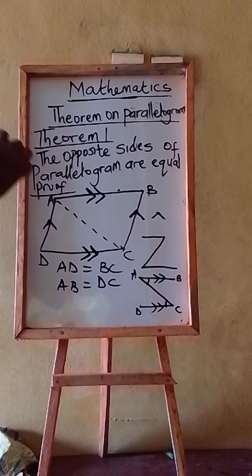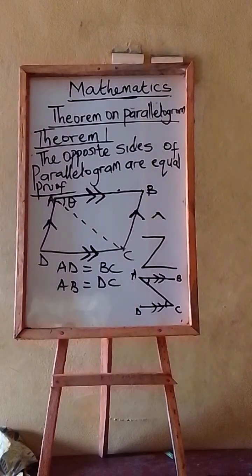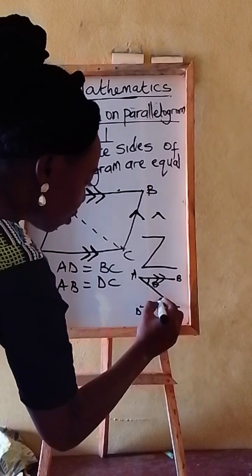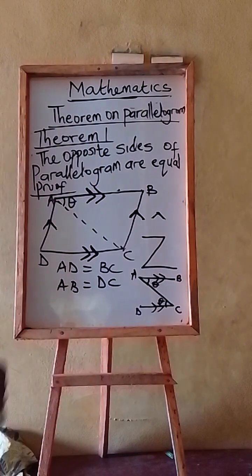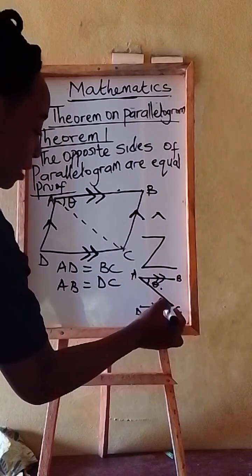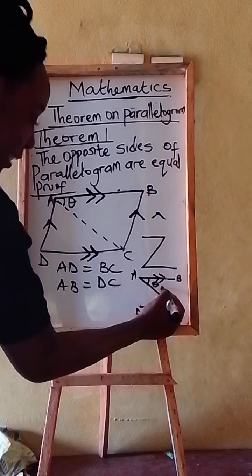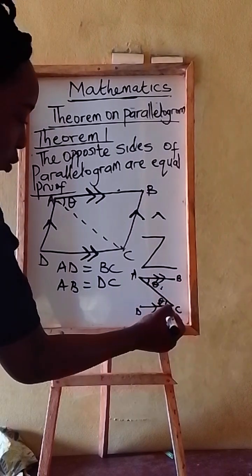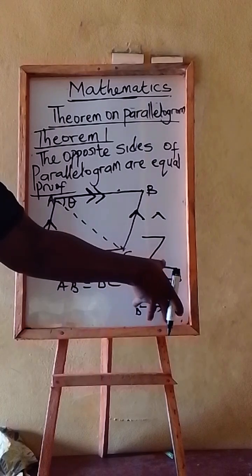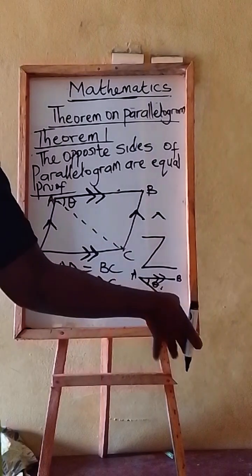That's the implication. If this side is theta, this side automatically becomes theta. This is what we call alternate angle.